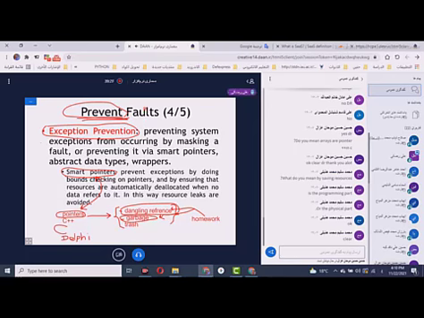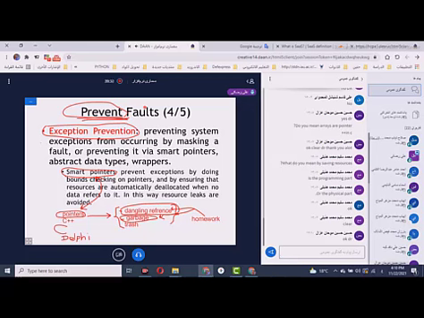Also C++, C sharp and Visual Basic, many modern programming languages, don't let you use pointers because they are so tricky and so dangerous, and you can do anything you usually do with pointers without pointers if the language has facilities for automatic memory management.